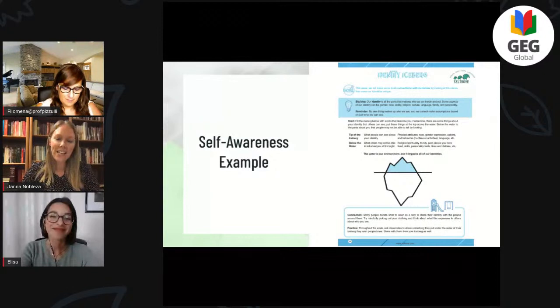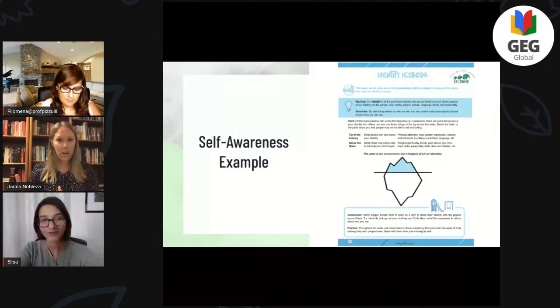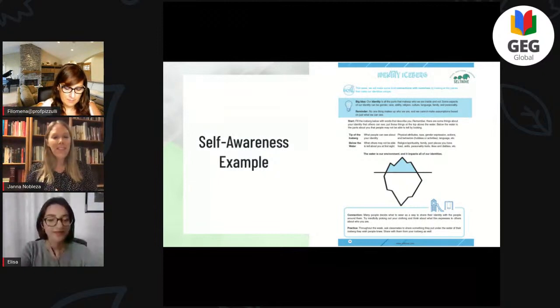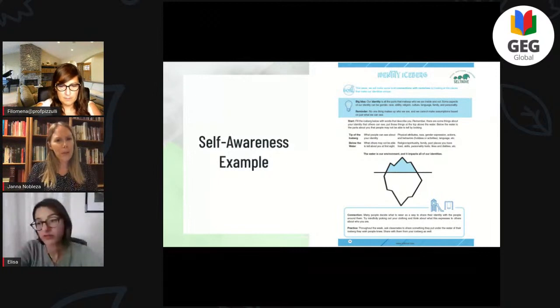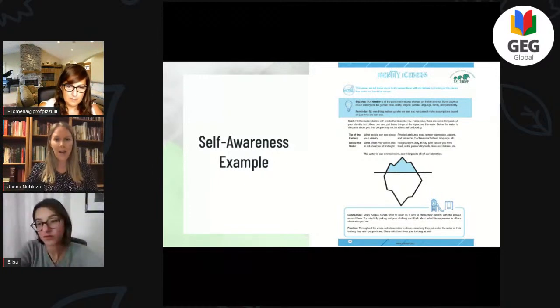The idea here for students to come away with is that who they are is partly what other people see, but there's a huge chunk of who they are that people don't see. And they are both of those parts. They are a whole being, and it's okay that people don't know everything about them, and that they can share the things they feel comfortable sharing, but they don't need to share everything.